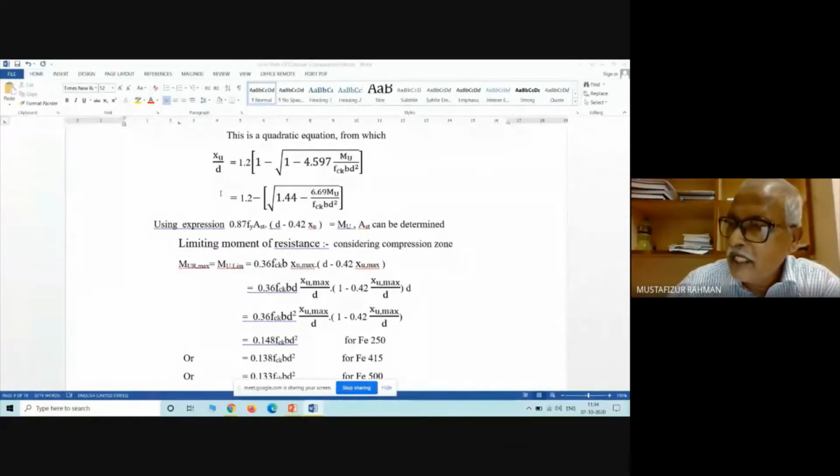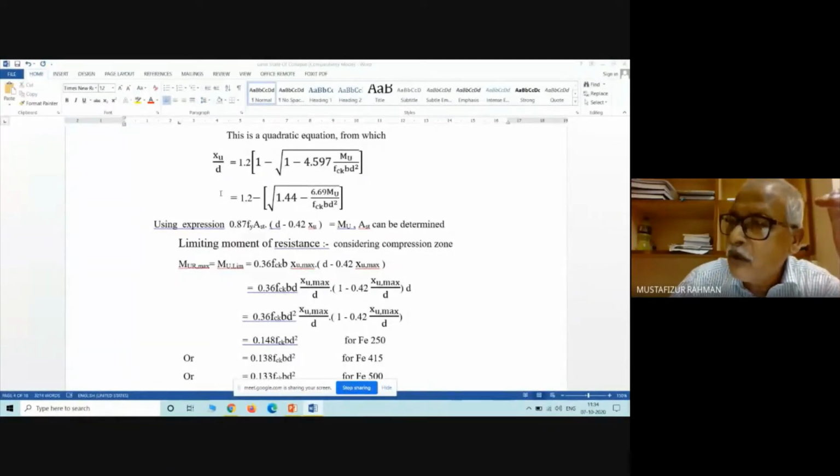So XU maximum by D must be greater than XU by D. Now XU maximum is the critical neutral axis depth. That's why the moment with respect to that is the critical moment.